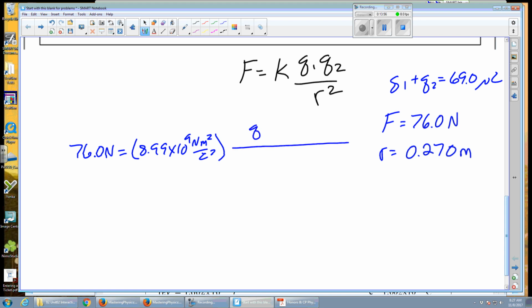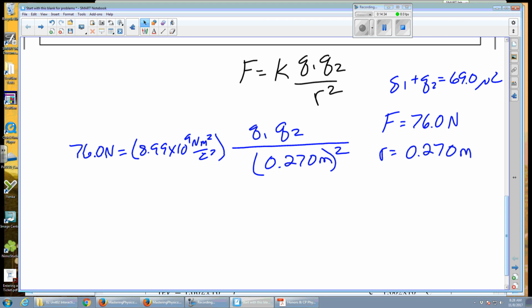Times Q1 and Q2 over 0.27 squared. On a test, when you substitute in, you should write the substitution, because if nothing else, it lets me know that you understand that, so if there was a problem, that's not where it is. If you used 9 times 10 to the 9th rather than 8.99, that'd be fine.